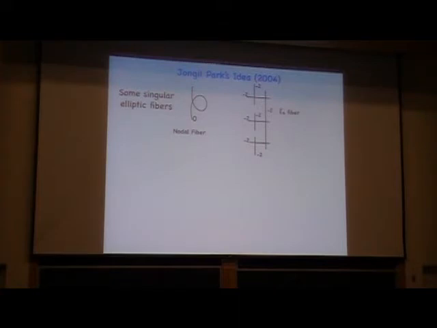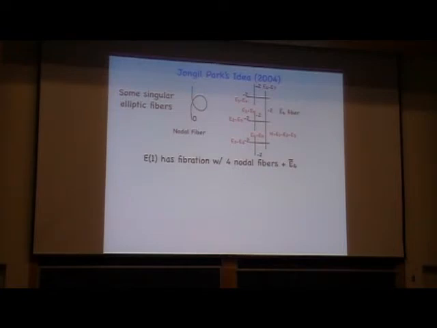I just mentioned the nodal fiber. Here's another one. This one on the right is called an E6 tilde fiber. It's a plumbing of minus 2 spheres, built from 7 minus 2 spheres in that configuration. And it turns out that there's an elliptic fibration on E1 which has 4 nodal fibers plus an E6 tilde fiber.